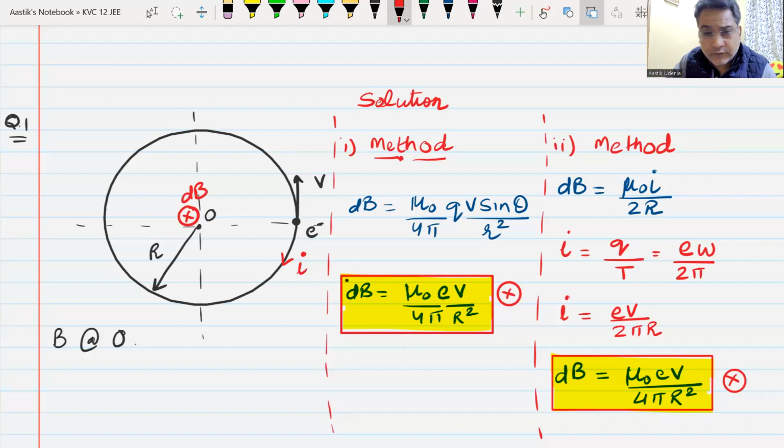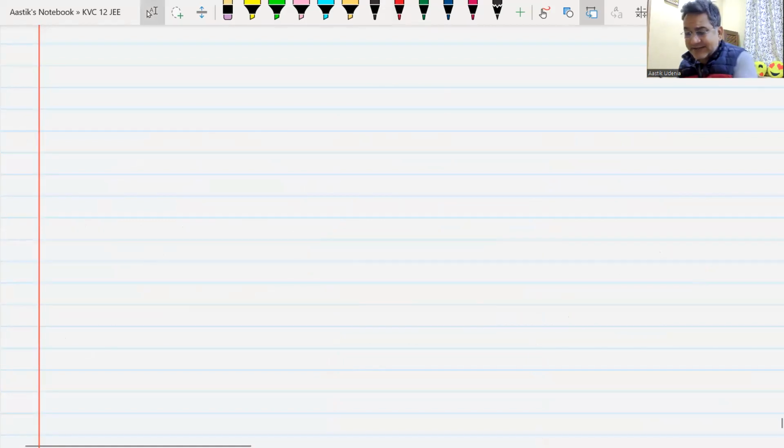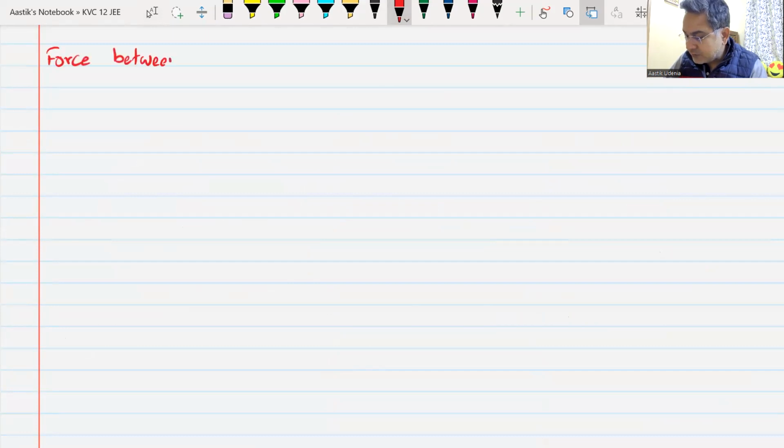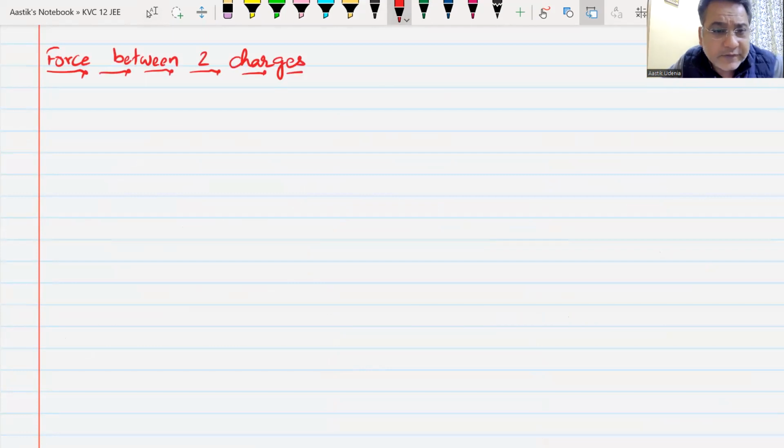So we move ahead. On the same lines, the next heading is force between two charges. Now, as you could recollect, if there are two stationary charges, Q1 and Q2, separated by a distance of r, what is the force between the two charges?